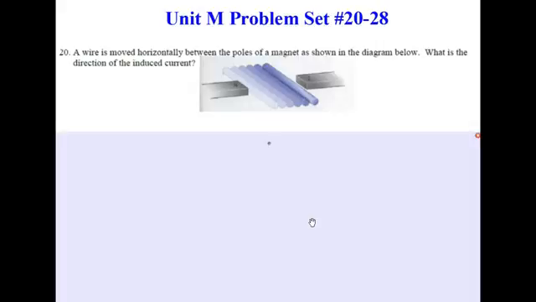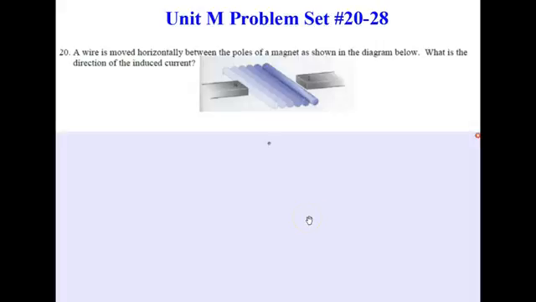20, a wire is moving horizontally between the poles of a magnet as shown in the diagram below. What is the direction of the induced current? Well, you may recall that the key direction for any of this electromagnetism stuff to take place is perpendicular. So the wire would have to be moved perpendicular to the magnetic field in order to induce a current.